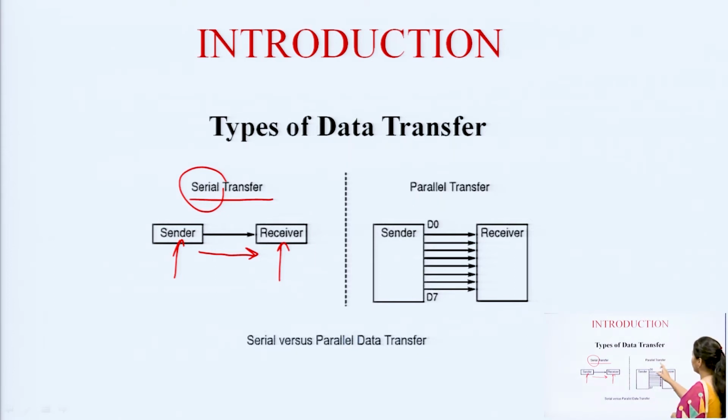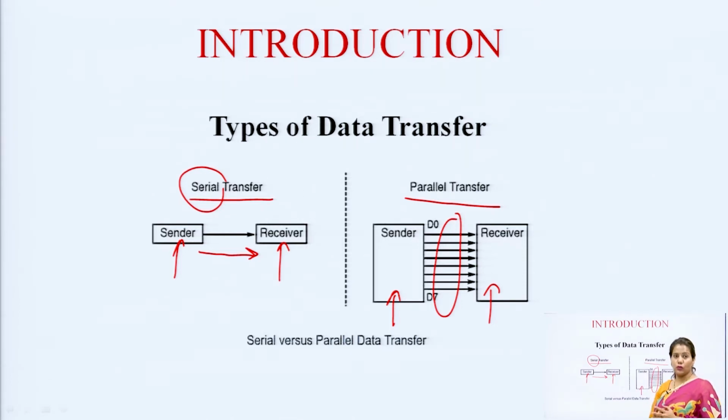On the other hand, in parallel transfer, terminals are the same, sender and receiver, but bits are sent in parallel, that is all the bits are sent at the same time using multiple lines of transmission. So, this is the basic difference between serial and parallel data transmission.